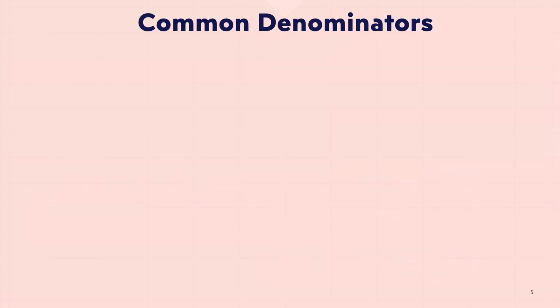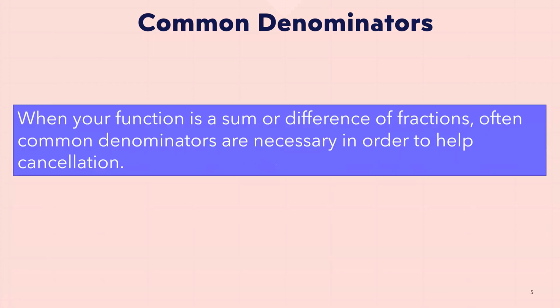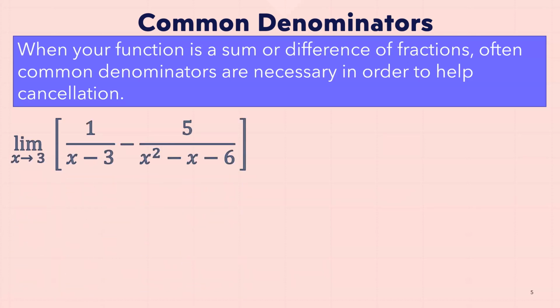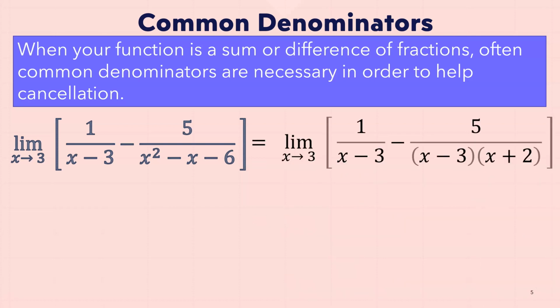Next, common denominators. When do you need a common denominator? You do that when you have fractions. So when you have a limit of fractions like this problem here, you can factor the denominators so that we can realize the least common denominator would be x minus 3, x plus 2.